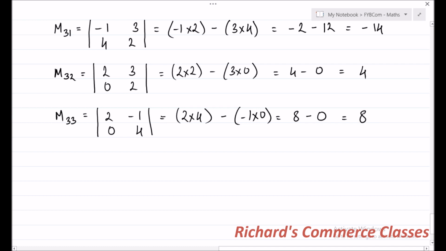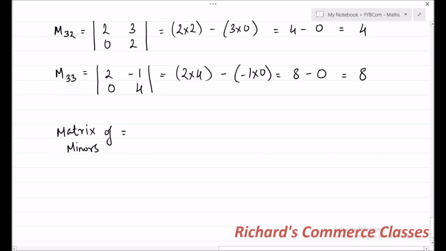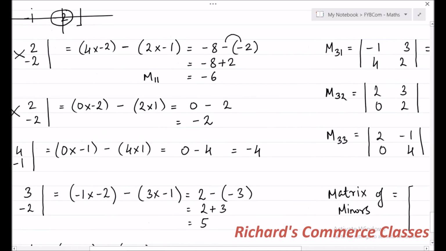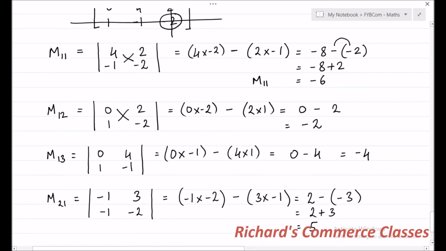And now we can prepare the matrix of minors. Which will be equal to, now we have already calculated from the beginning, so let's start with M11. M11 we've calculated is minus 6.